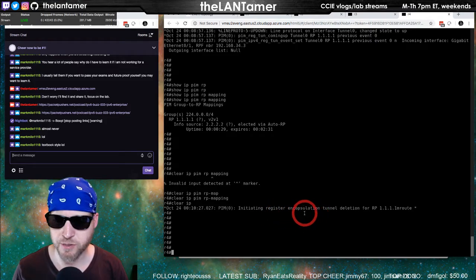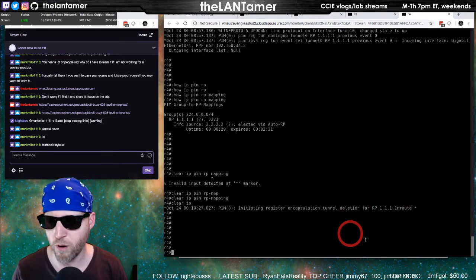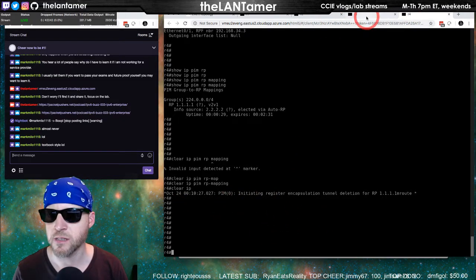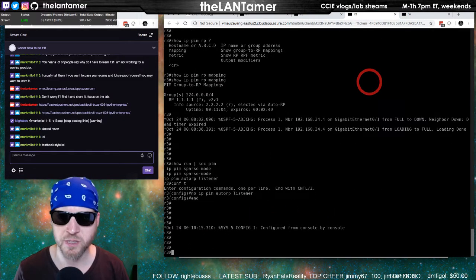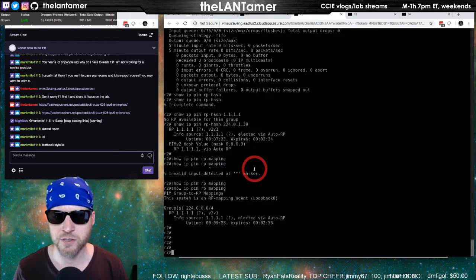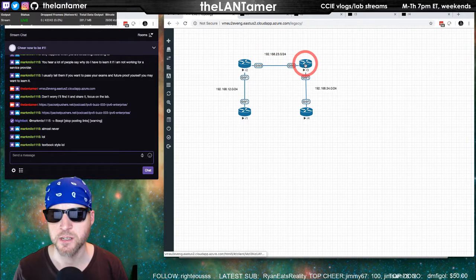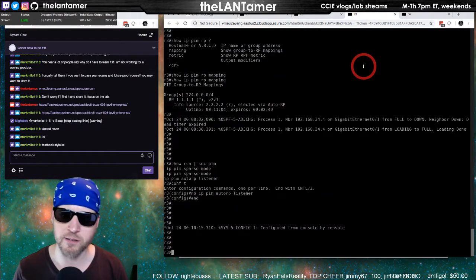Initiating register encapsulation tunnel deletion. Thank you, debug. All right, so he's going to know about it because R2 is going to be sending these on its interfaces, but R3 will not be sending it to R4 now.